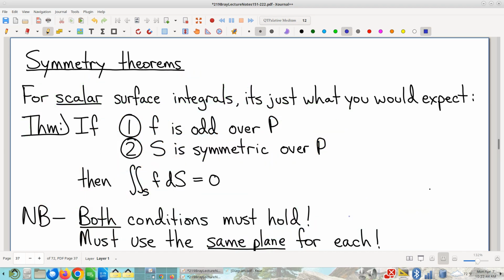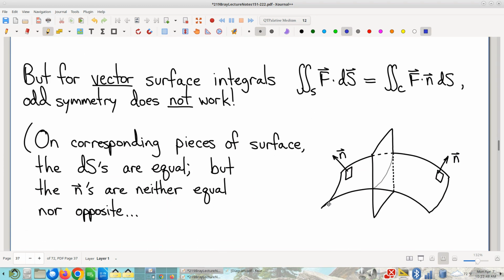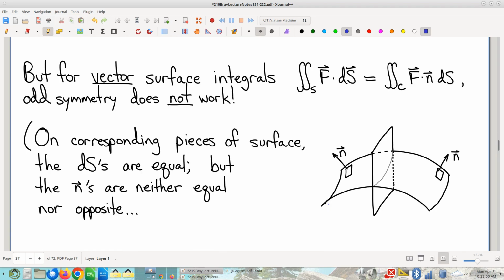Tempting to say yawn, but again, there is a landmine that y'all have to watch out for. Please do be careful about this. This is only for scalar surface integrals. There is no odd symmetry theorem for vector surface integrals. Saying it twice because it's important.